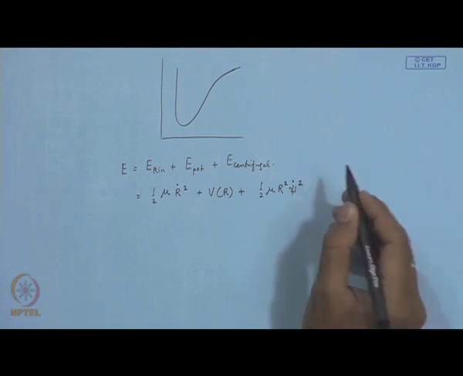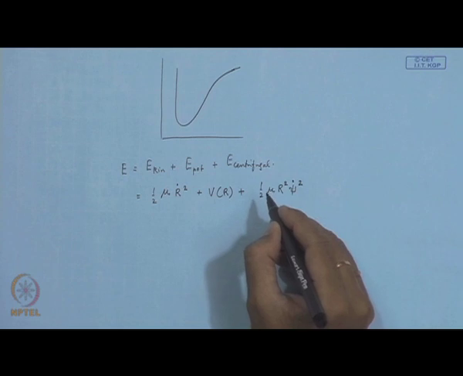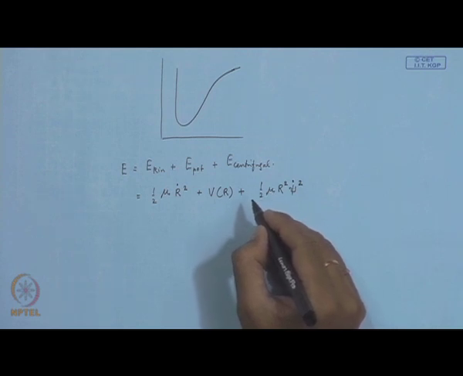Now, psi dot is the angular velocity omega.